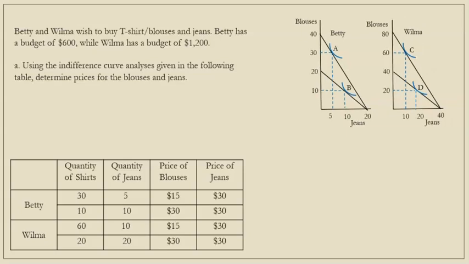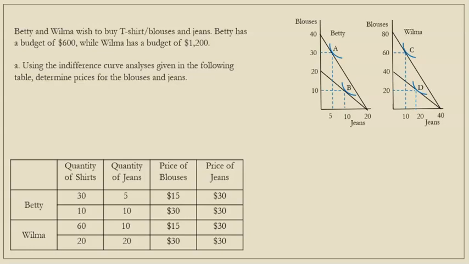Here are the prices of blouses and jeans that you should have come up with. Jeans, no matter what quantities were bought, were $30, whereas prices of blouses ranged between $15 or $30, depending upon the quantities and their budgets.